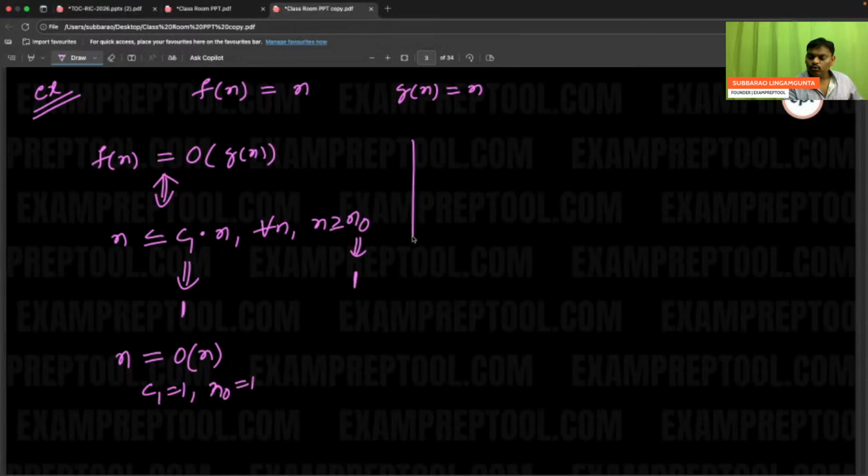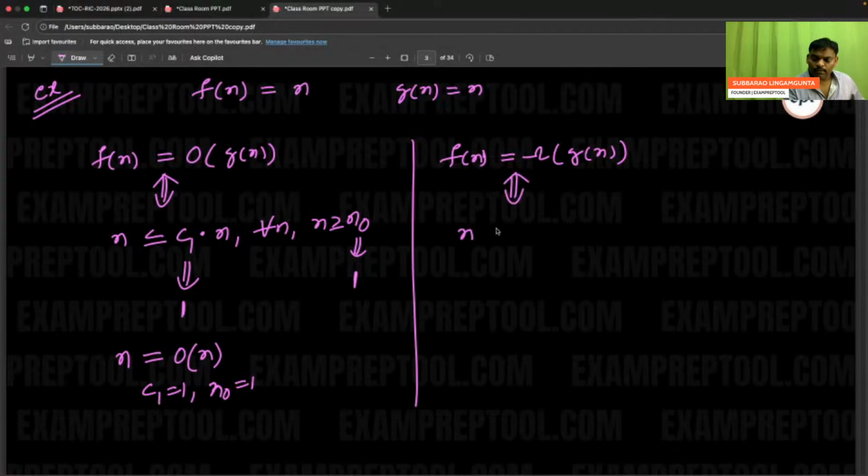Now let's go to omega. f of n is omega of g of n if and only if f of n is greater than or equal to some C2 into g of n for all n, where n is greater than or equal to n0. g of n is n, so the left will be bigger or equal.